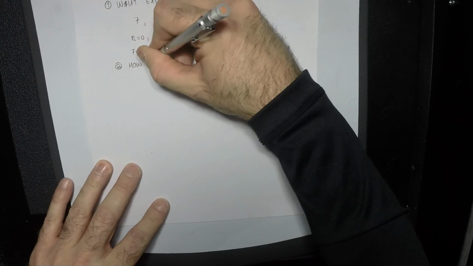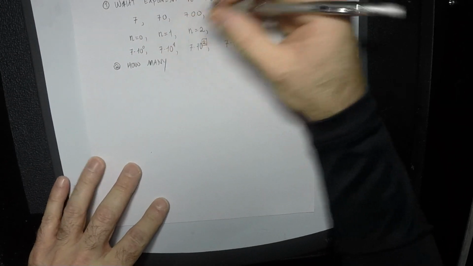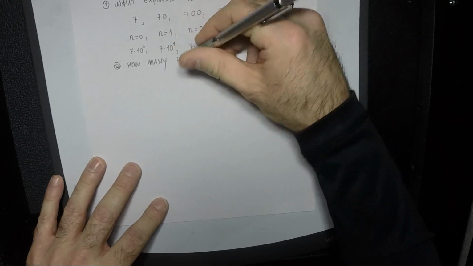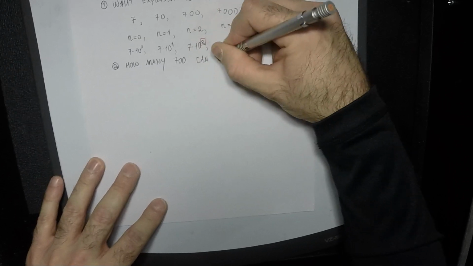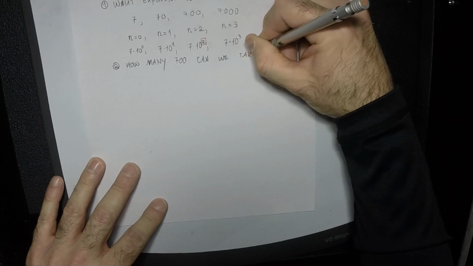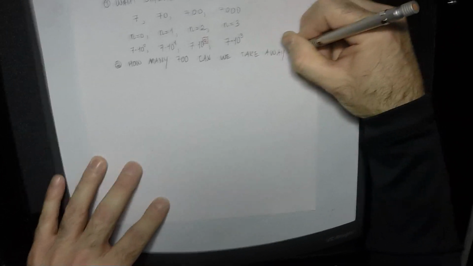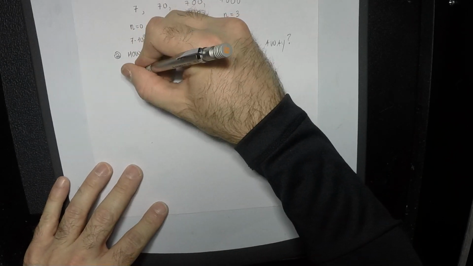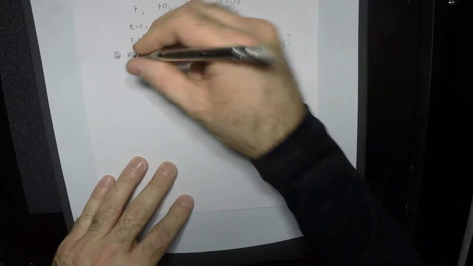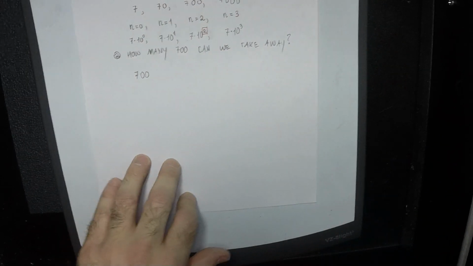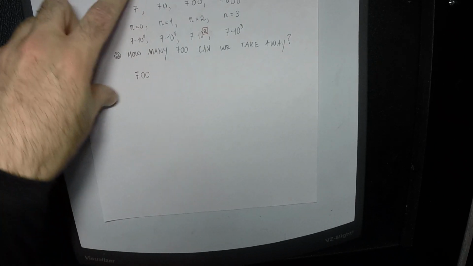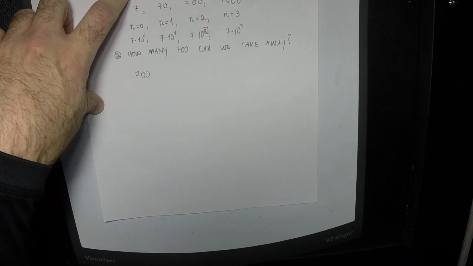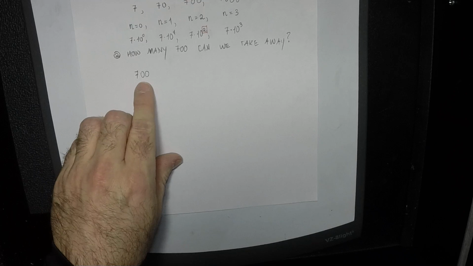How many 700s can we take away? Okay, well, is it the case that we can only take away a single 700 from 2370? You can take more. Right, well, okay, I agree. Let's ask it that way. Can we take away a single 700?